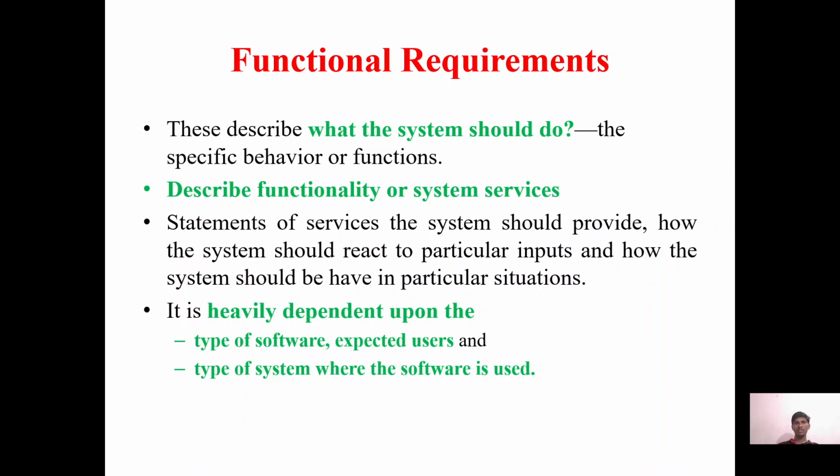The functionality here is the computation of the RMS value. The system is doing the calculation to find the RMS value, so this is the functional requirement. What is needed to compute the RMS value put together forms the functional requirement. It heavily depends on the type of software, expected users, and the types of systems where the software is used. So this is all about the functional requirement.